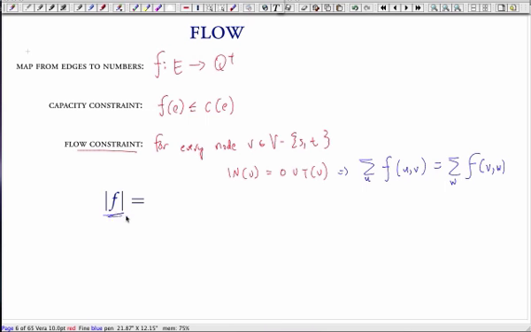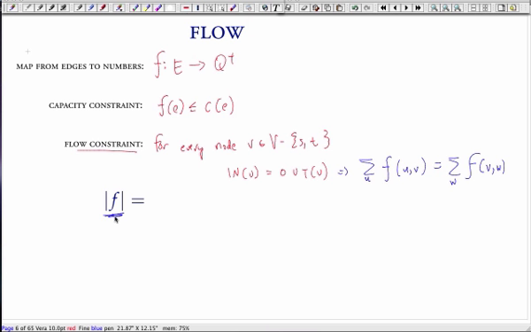And then finally, we have the actual measure of this flow. Do you remember what that was? Remember, the goal of this problem is we are trying to push flow from the source to the sink. And by flow, it means we want to assign a number to each edge. That number should be less than the capacity of that edge. At every node, we shouldn't have more stuff coming in than going out, or vice versa.